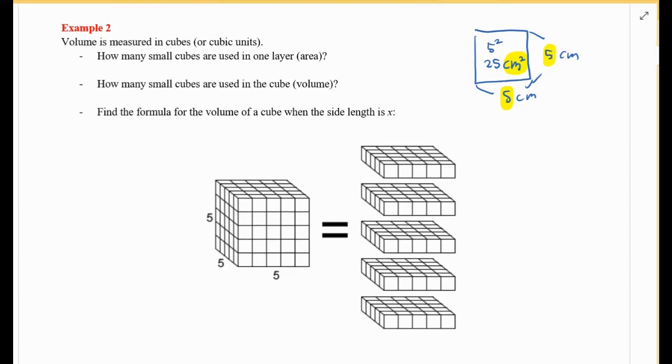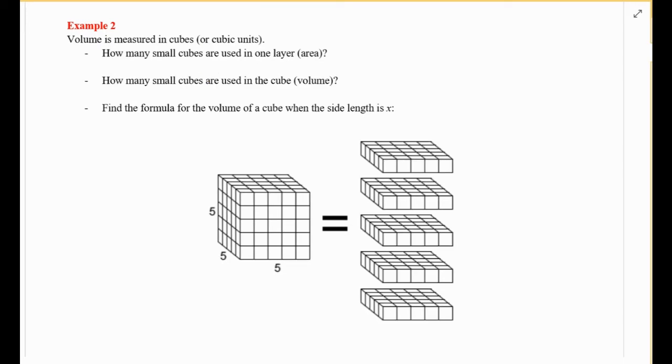And the volume is measured in cubes or cubic units. So when you have a cube, you have 1, 2, 3, 4, 5 boxes in the length. You have 1, 2, 3, 4, 5 boxes in the width. And you have 5 boxes in the height. So you have a 5 by 5 by 5 cube.